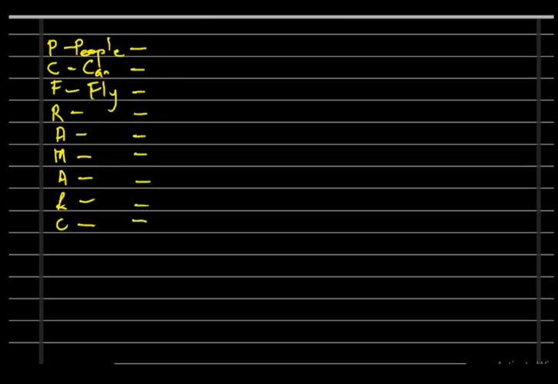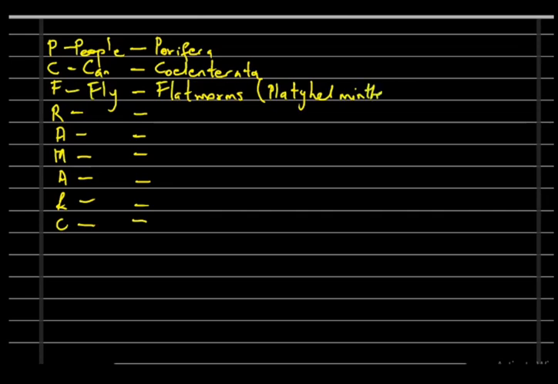What they all mean. For P here, we have it to be the porifera. For the C, we have it to be the coelenterata. For the F, we have the flatworms, their group name, we call them the platyhelminthes. And for the R, we have the roundworms.